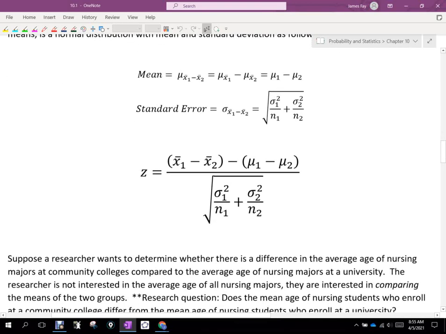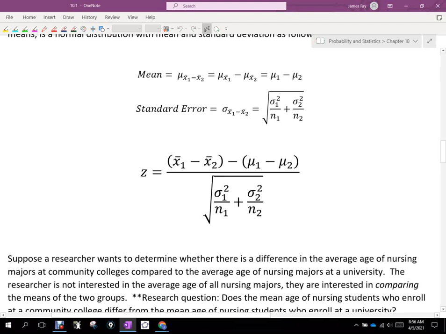Okay. Now we talked about this back in I think it was like section 9.4. Okay. No, sorry, 8.4. About where these things come from. Okay. But that is the mean. The mean obviously is going to be the difference. Says mu sub x bar 1 minus x bar 2 is equal to mu of x1 minus mu of x2.